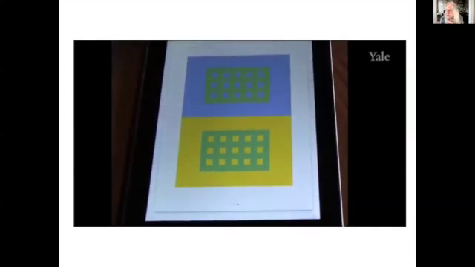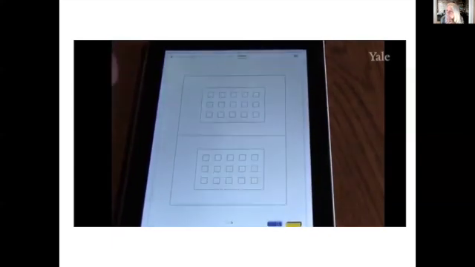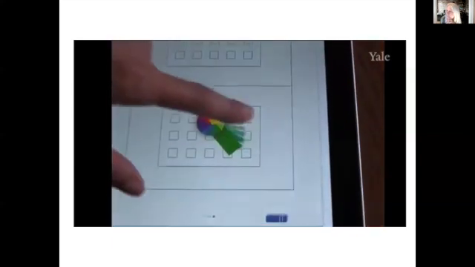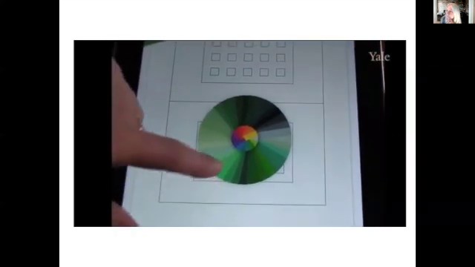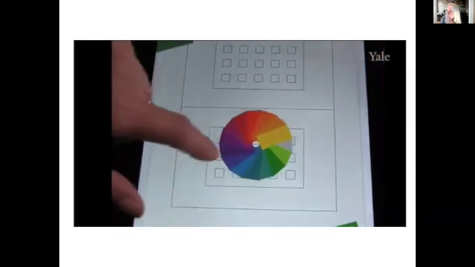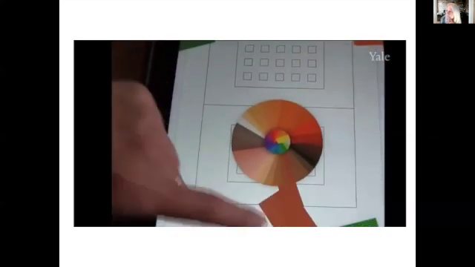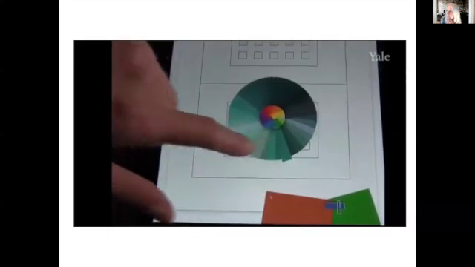Here's our palette. So it's just like having a desktop, really, that you're covering with stuff. You can see how amazingly that works.